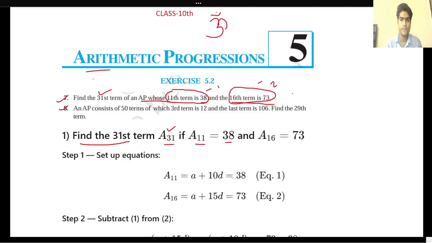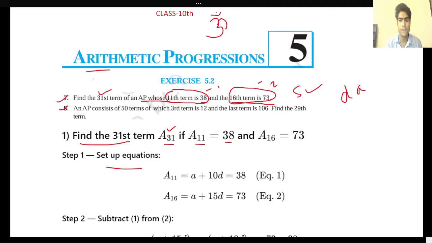Then when we have two equations, by the substitution method we will try to find the values of the variables like d and a. Okay, so let's begin solving.